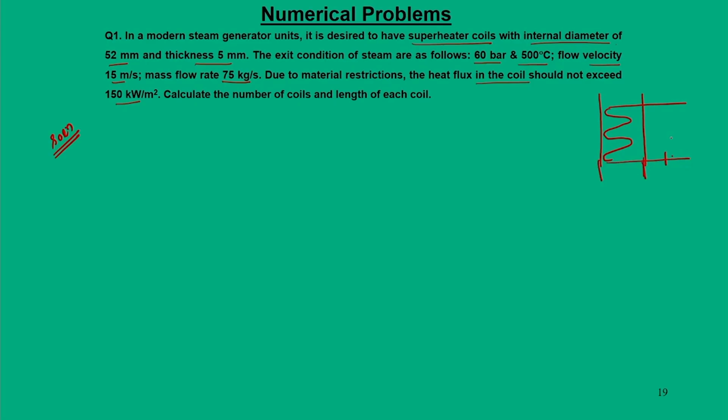The steam enters at point 1, which is saturated vapor, which enters from the steam drum, and the steam exit condition in the superheater coil is superheated vapor, that is state 2, 60 bar, 500 degrees centigrade.